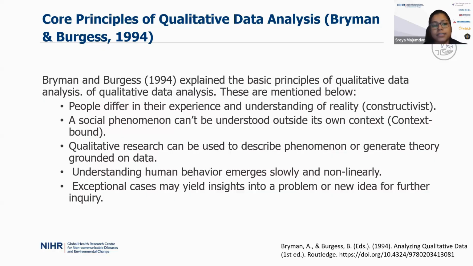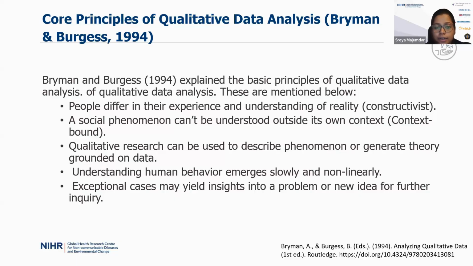The third is qualitative research can be used to describe a phenomenon or generate theory grounded in the data, which is grounded theory. And we have been discussing grounded theory in our classes. So the qualitative analysis basically can do two major things.